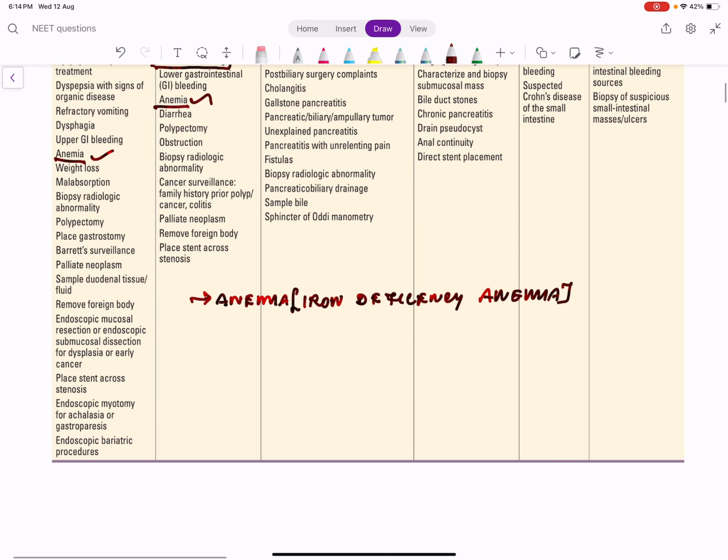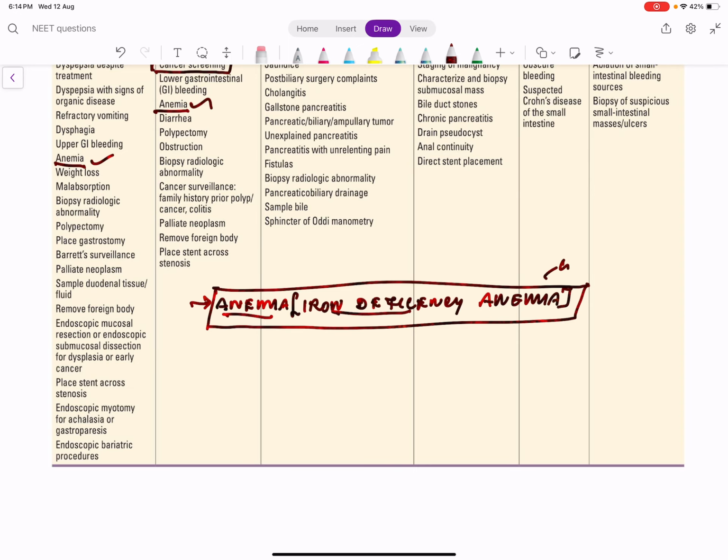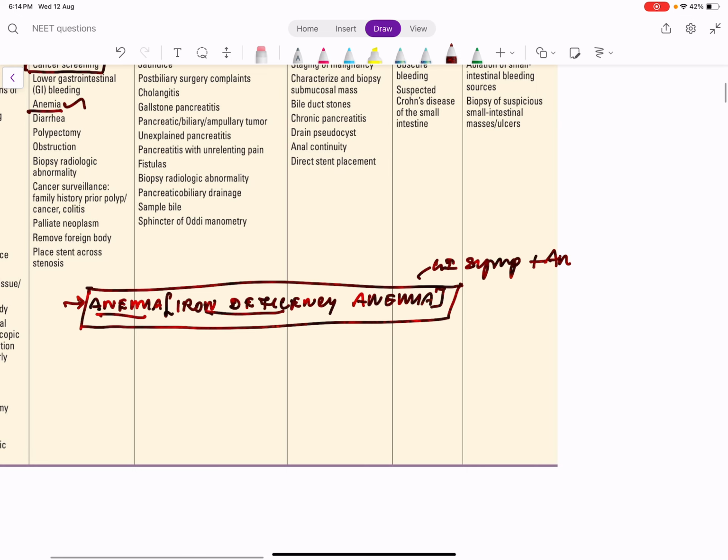If a male whose intake is fairly normal has anemia, definitely there is a loss through the GIT. It could be upper GI bleeding or lower GI bleeding. Cancer could be one of the reasons. Ulcers could be one of the reasons. So any male with anemia, or in fact any GI symptom plus anemia, is a red flag.